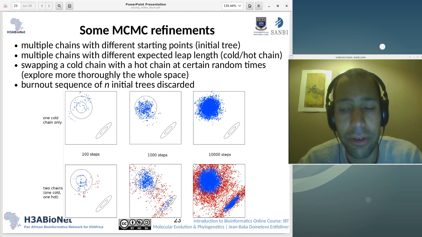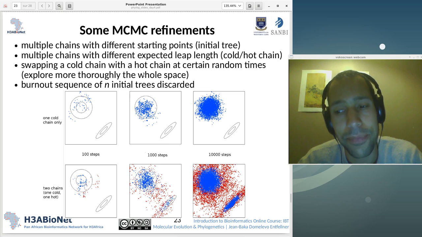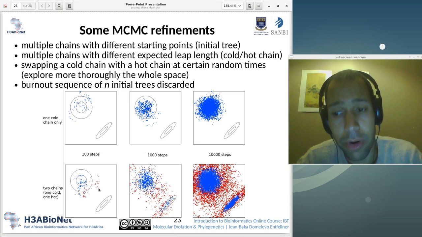And what's the nice trick that people in this field of Bayesian inference techniques have used is that from time to time you swap the cold chain and the hot chain, and it's beautiful. It means that you just artificially, from the viewpoint of your program, say at some point, okay, these 2 chains explore in parallel, right?